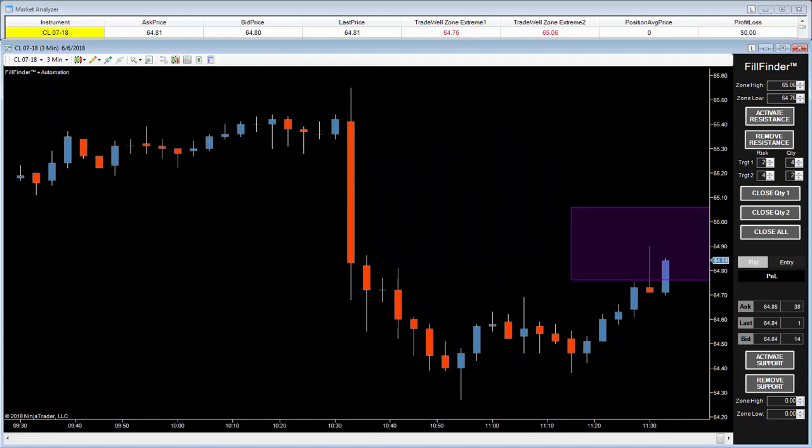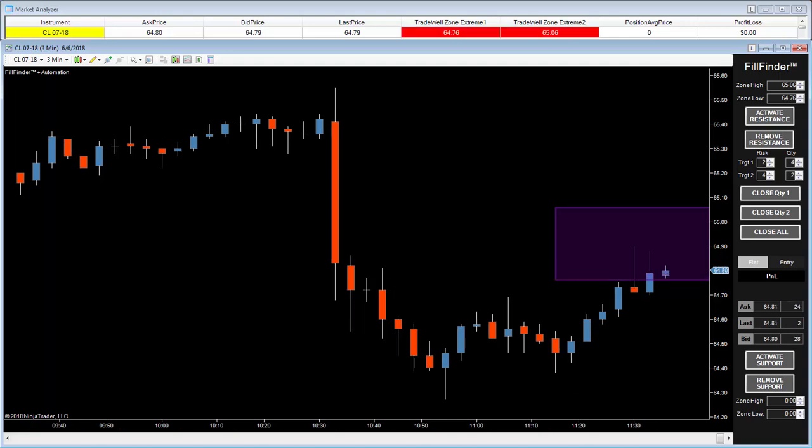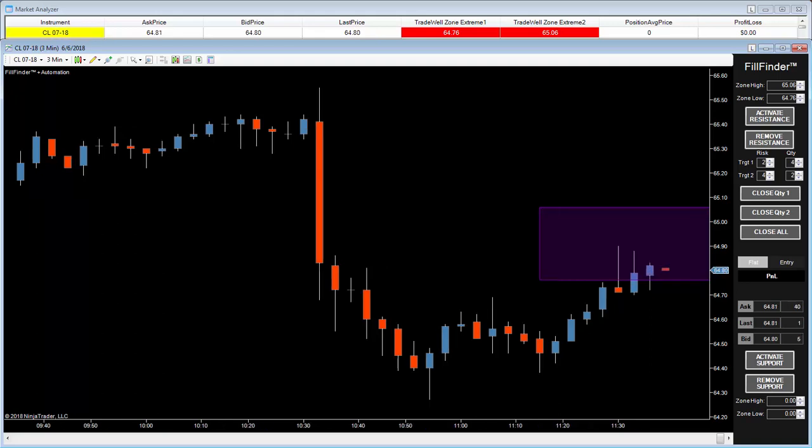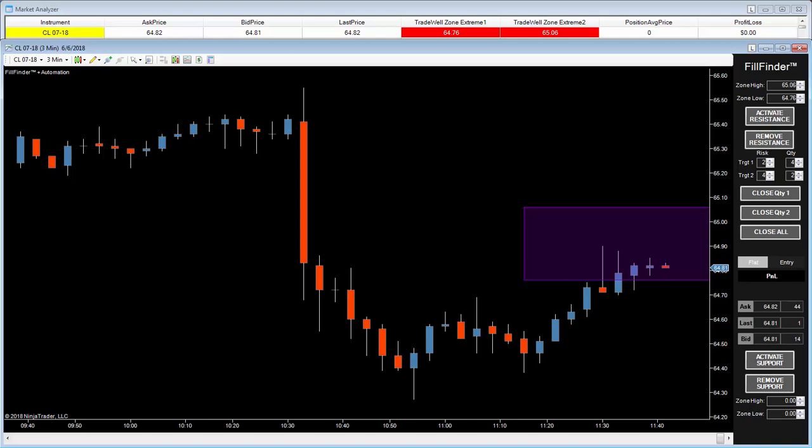What we've done is had an automated alert system show us, by way of TradeWell, that an opportunity, a chance for the market to run into some resistance, is present between 64.76 and 65.06. Now by putting it in PhilFinder, we're letting PhilFinder monitor the order flow sequence of events that take place as the market trades in the zone, looking for a scenario that develops that favors an outcome to the downside.